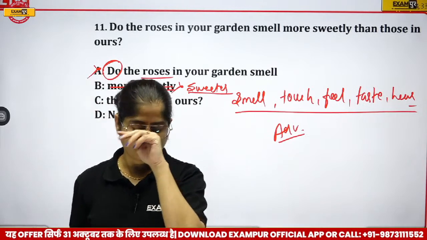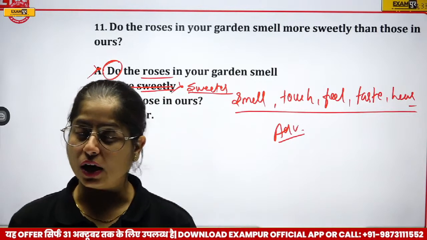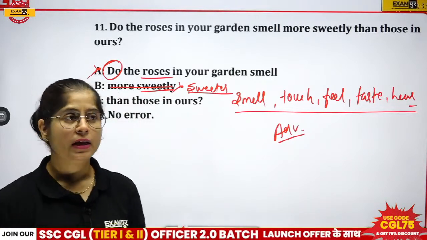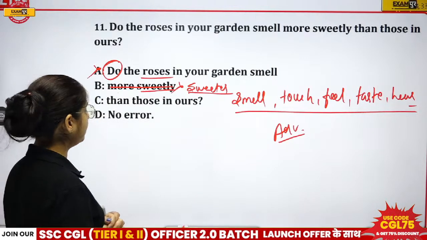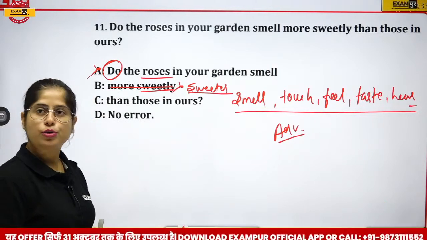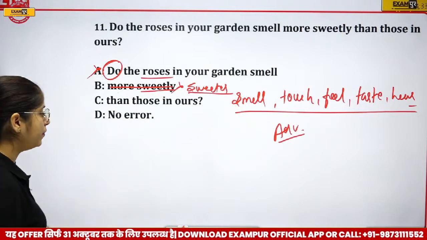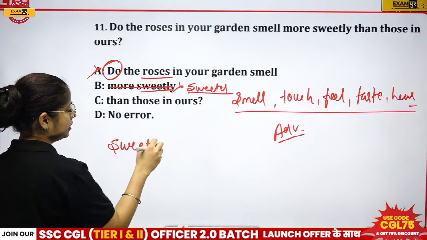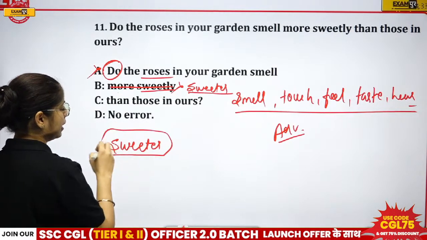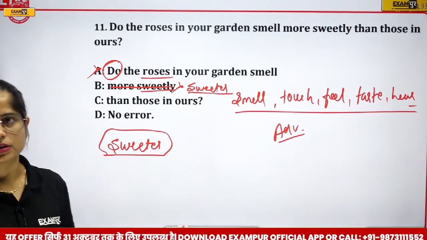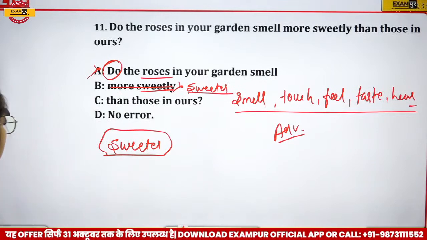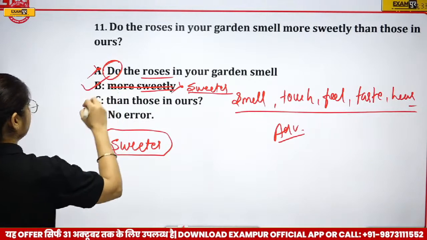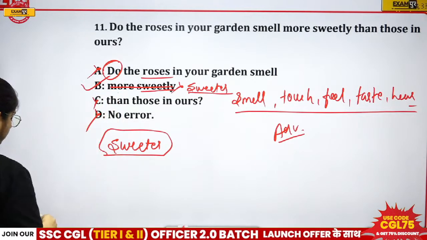So with these words, we do not use adverbial form, and here the error was in part B, as we cannot use more sweetly. If we have to compare, we'll simply say sweeter, because sweet can be made in ER form, that is sweeter. Okay, so the error was in part B. Yes, Sarthi, you were correct.